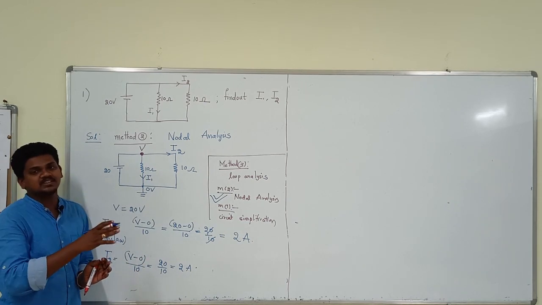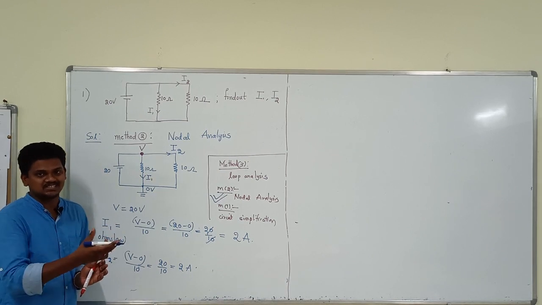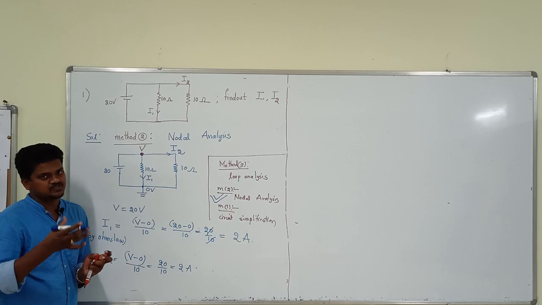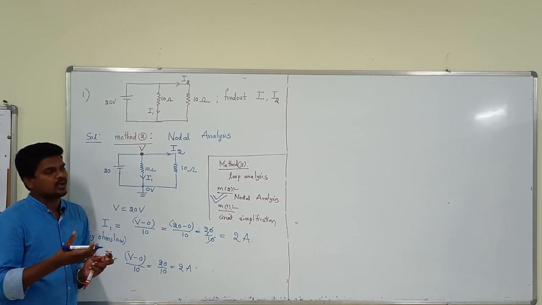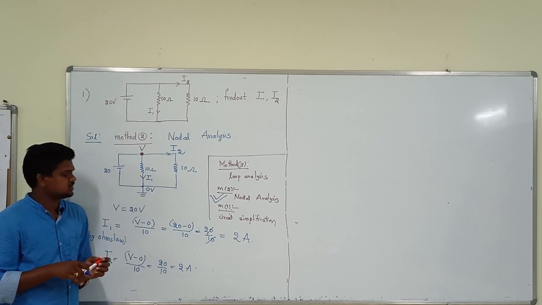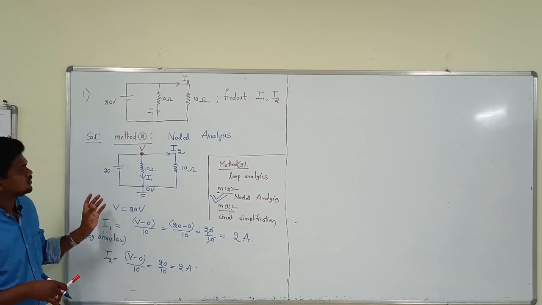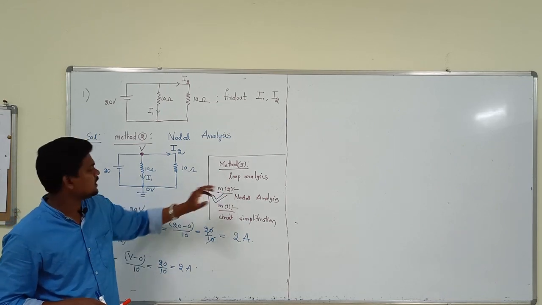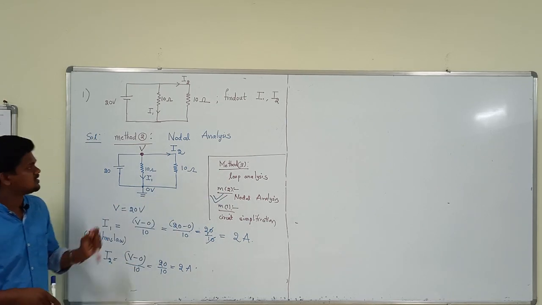Whichever method you feel is easy, follow that method, but you have to save time as well as complete it in a proper manner. So these are the 3 methods to solve this. All of you find the loop analysis and compare it.